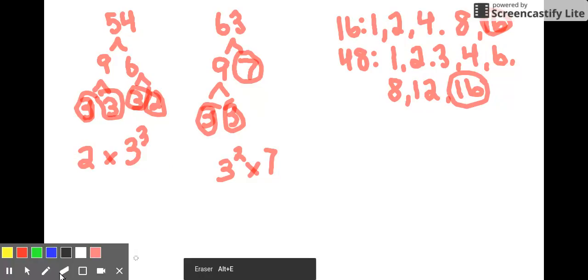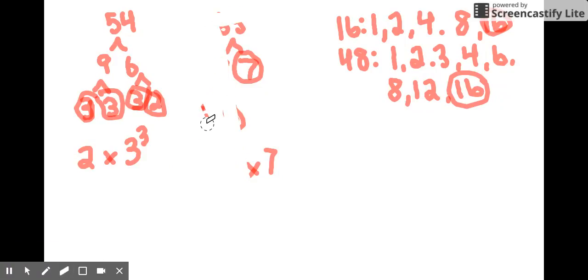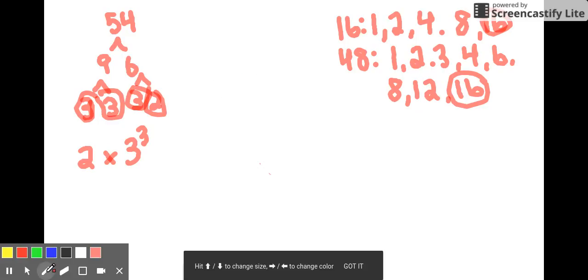Let's see. The next one, we're going to have to make two factor trees, so I'm going to have to make some space. Okay. So we've got the numbers 45 and 72.